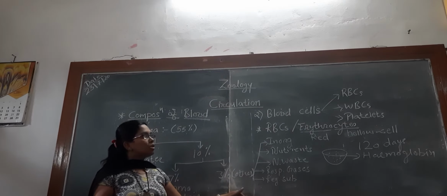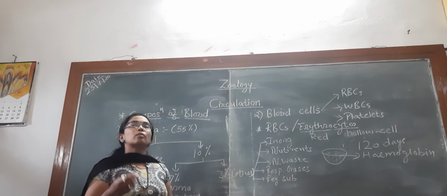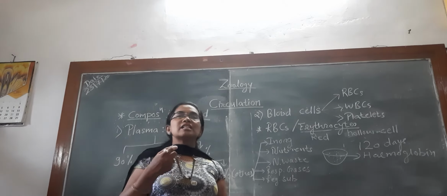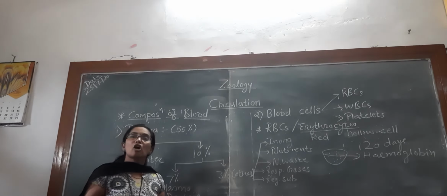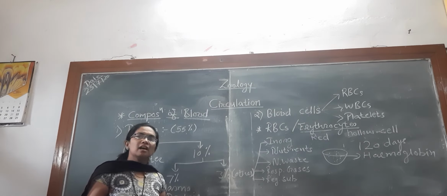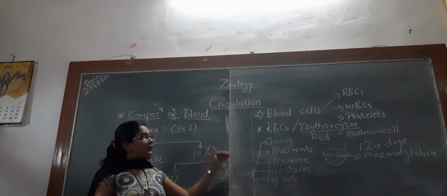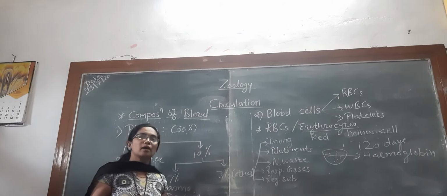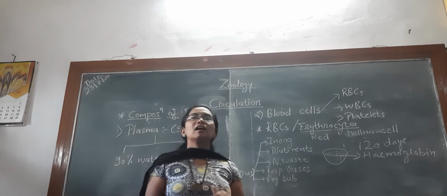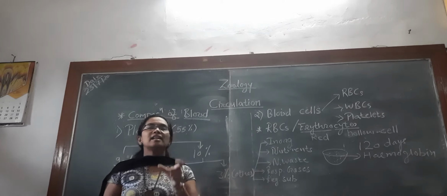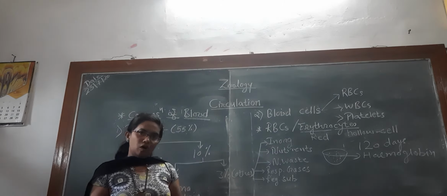So these are the basics about the RBCs. In the embryo, these RBCs are generally formed from the spleen and liver. But in the adult body, it is formed only by the spleen, but it is degraded in the liver. So we call the liver the degrading organ.